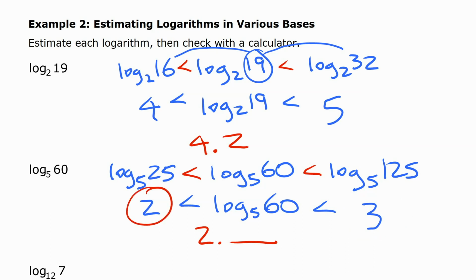You again can look and say, well, 60, maybe it's closer there to there. It doesn't really work in a linear kind of fashion, so you can't say, well, it's halfway, so it's going to be 2.5. This one actually, maybe you're going to guess 2.4, 2.5, something like that. We're going to check it with a calculator again in a minute.